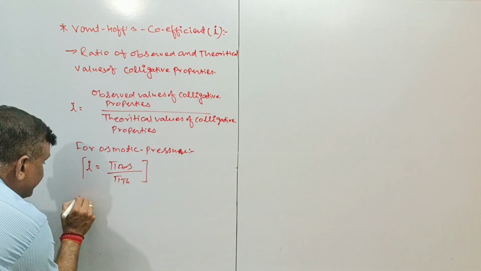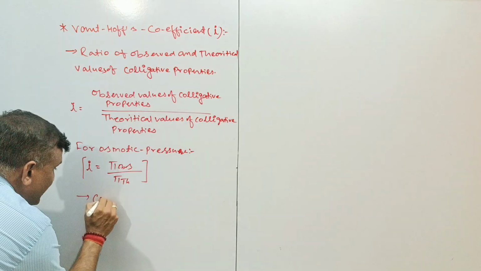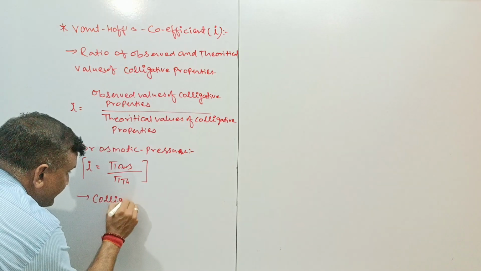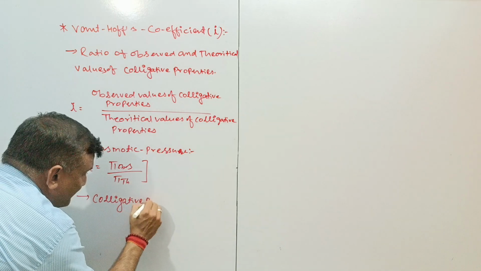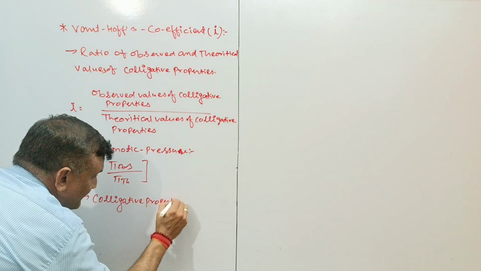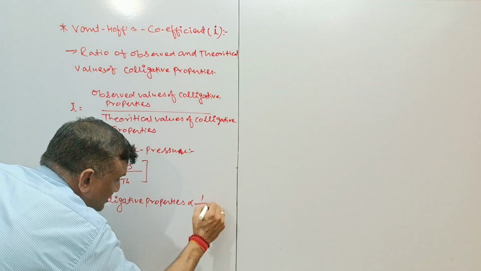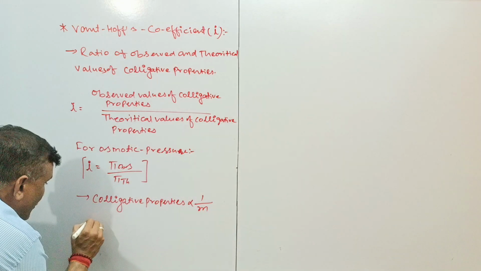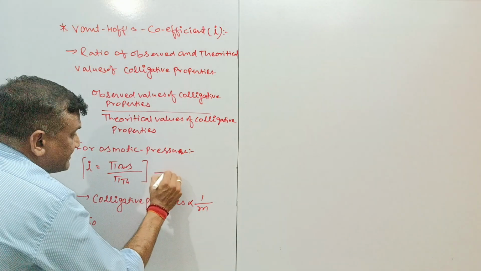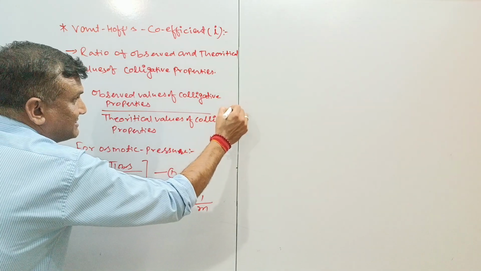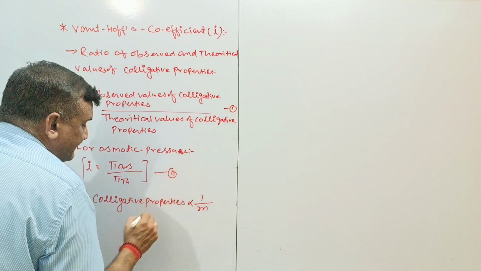As we know, colligative properties are inversely proportional to the molar mass. So this is the equation first, and this is the equation second.